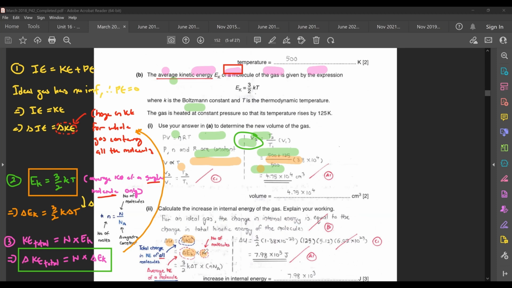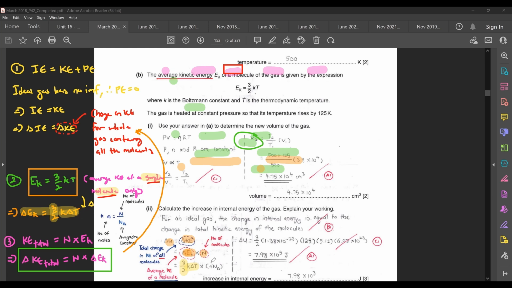Okay, so right now, if you're talking about the change in kinetic energy of a single molecule, you can use this equation from before, isn't it? The change in kinetic energy of a single molecule is 3 over 2 k delta T. So you have 3 over 2 k delta T here, multiplied with your number of molecules.